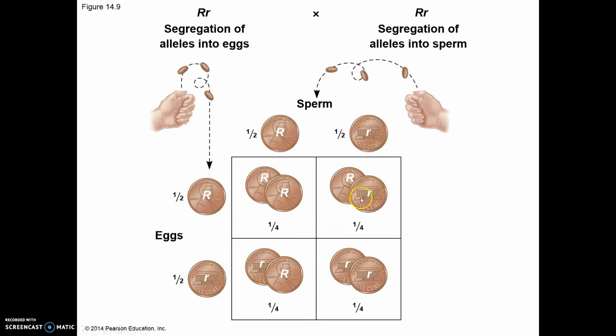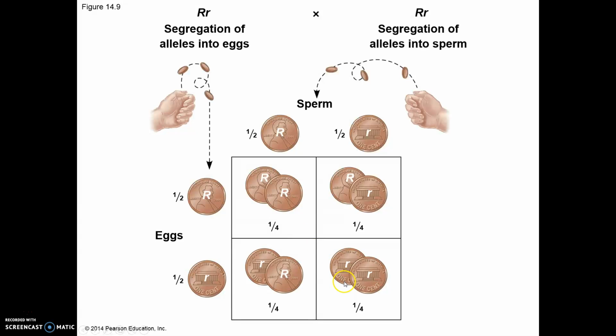So it's different from this one. The overall outcome is going to be the same, but the odds of getting this are still 1/4. And the odds of getting little r, little r is 1/4, 1/2 times 1/2.